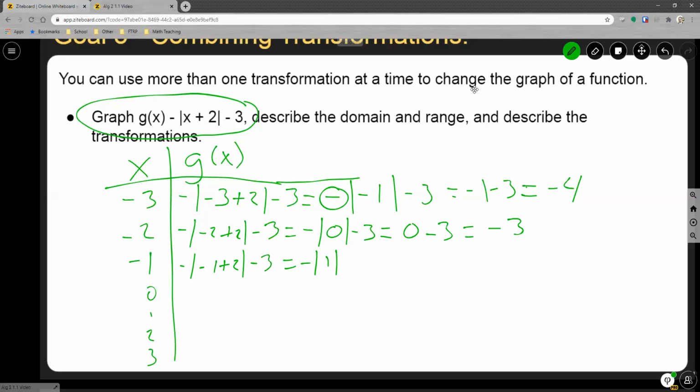Negative of the absolute value of 1 minus 3. Absolute value of 1 is 1. I get -1 minus 3, which is going to take me back to -4 again. And then I'm just going to work these ones out quickly.